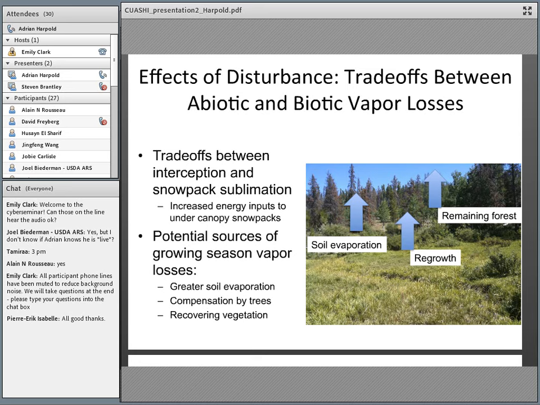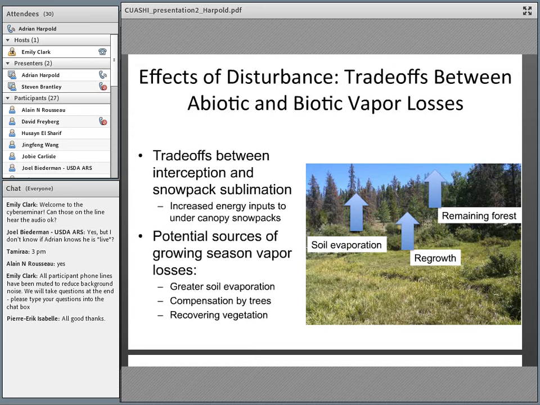We think that regrowth of under canopy vegetation, possibly compensating effects by living remaining vegetation in forests, could be a driver of this. But we don't know, and I think more process level work is really needed across a range of sites to give a concrete answer for this.